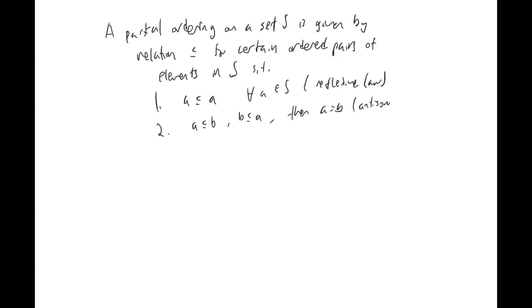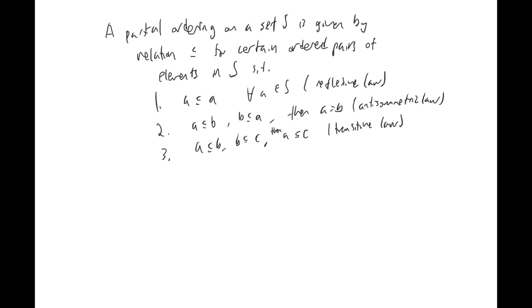This is just a name. And three, the transitive property: if A is less than or equal to B and B is less than or equal to C, then A is less than or equal to C, right? This is called the transitive law.